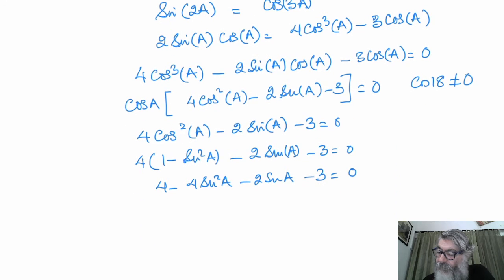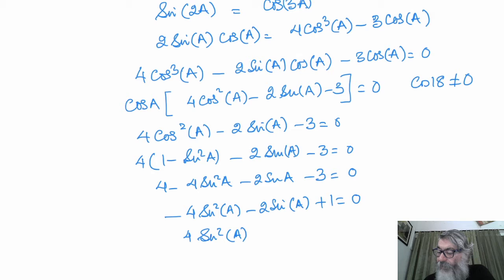It will become minus 4 sin square A minus 2 sin A plus 1 is equal to 0. Now I will change all the signs. I'll make it 4 sin square A plus 2 sin A minus 1 is equal to 0.